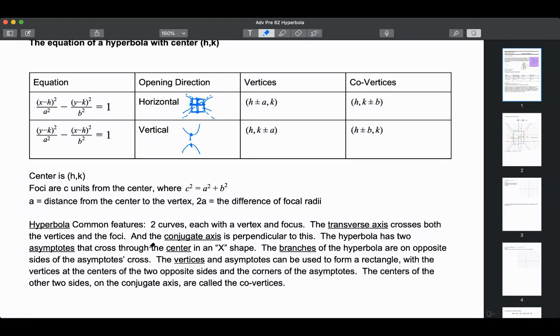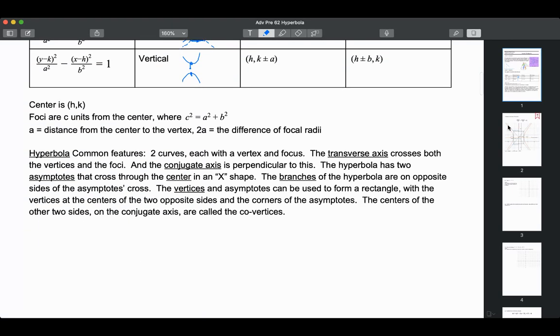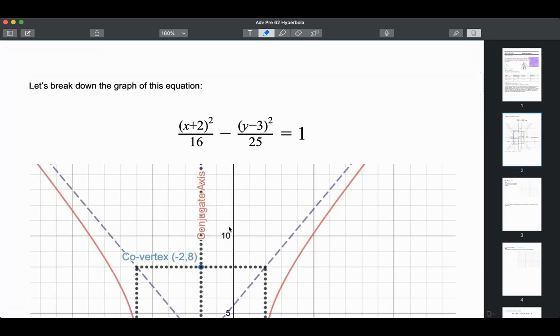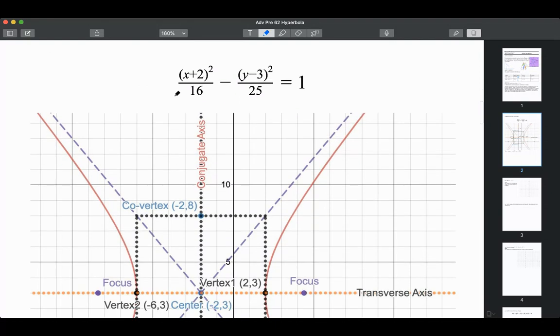My asymptotes cross through the center in the shape of an X. And the equation of my asymptotes, well, let's come down here. So here's a hyperbola. Let's think about what we're seeing here. We've got a center at (-2, 3). We have an a value of 4, a b value of 5, because remember this is 4 squared, 5 squared.